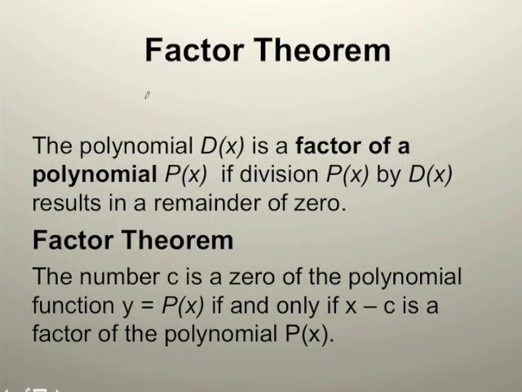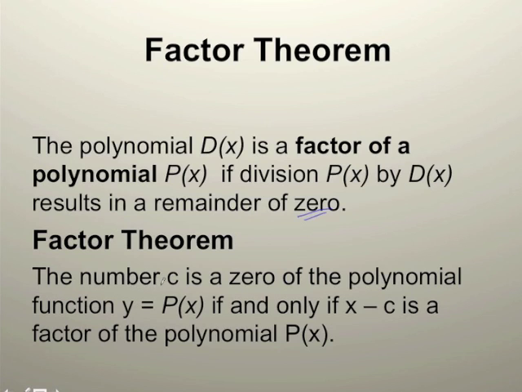We'd go with the factor theorem. A polynomial divisor is a factor of a polynomial p if division of p of x by d of x results in a remainder of 0.